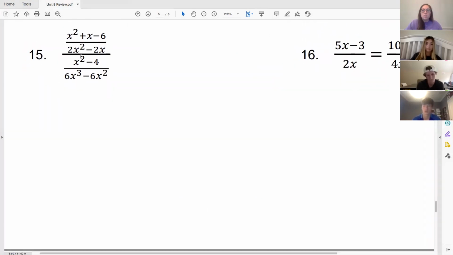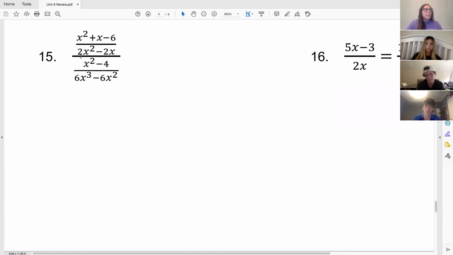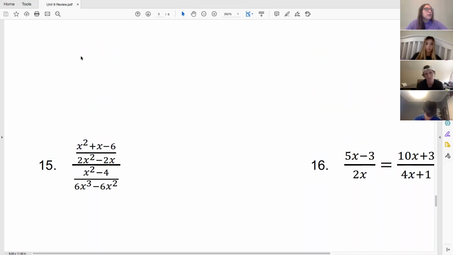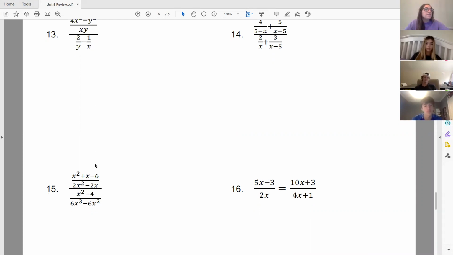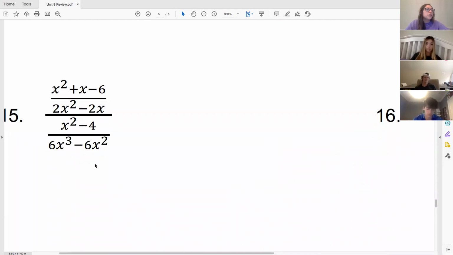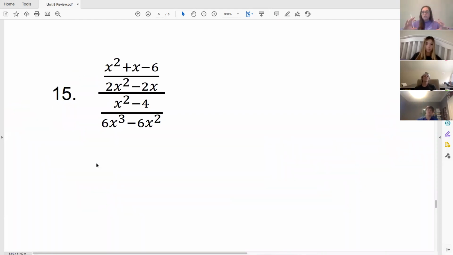15 is a complex fraction question, but since it's fraction, fraction, fraction, fraction, it doesn't look like, let's say, 13 or 14 where you have these minuses in between. Number 14, I would consider to be like 4 separate fractions. 13 would be 3 separate fractions because you have this minus sign. 15 is different because it's truly a fraction on top of a fraction.